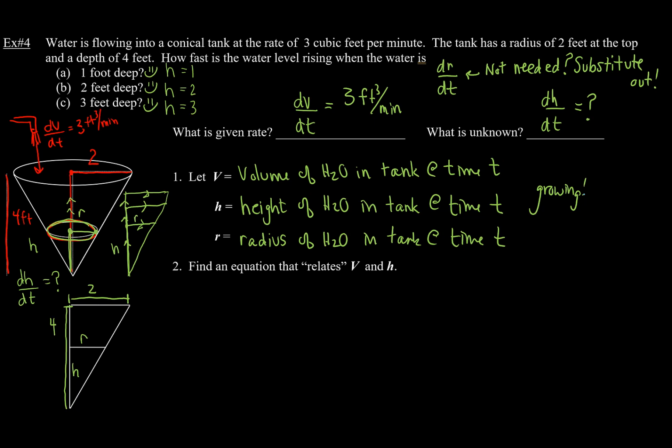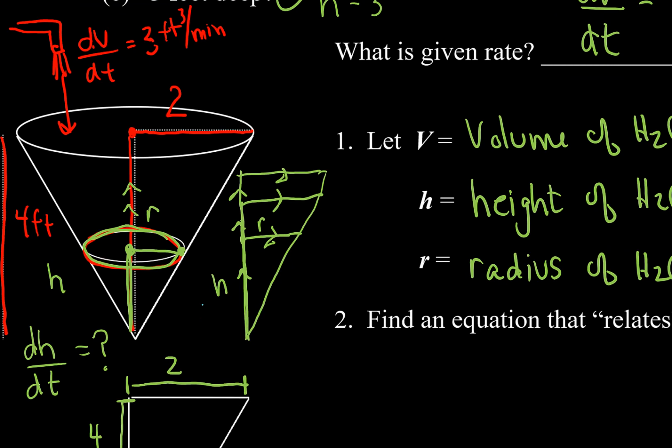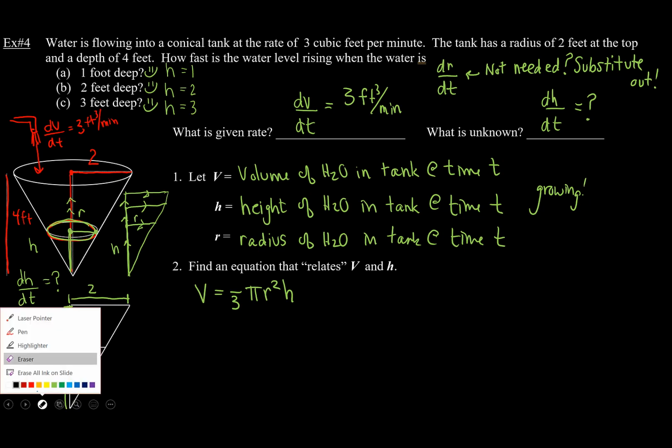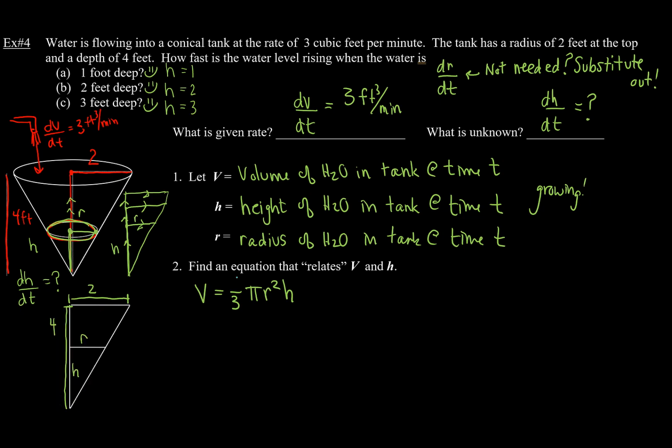So let's find an equation that relates V and H. Well, oops, what did I just do? All right, so first thing, it's a cone. So I'm going to use the formula for the volume of a cone. All right, so I've got 1/3 pi r squared h.